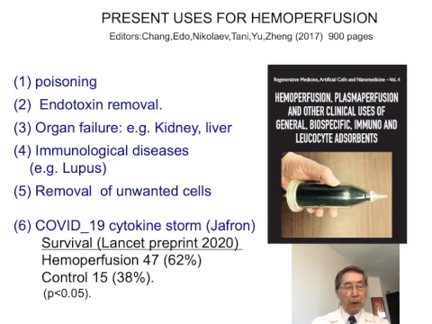This is a 2017 book showing that it's now being used around the world for treating poisoning, endotoxin removal, kidney and liver failure, immunological diseases, removal of unwanted cells, and more recently, Jafron has used it to treat COVID-19 cytokine storm, resulting in many people recovering.